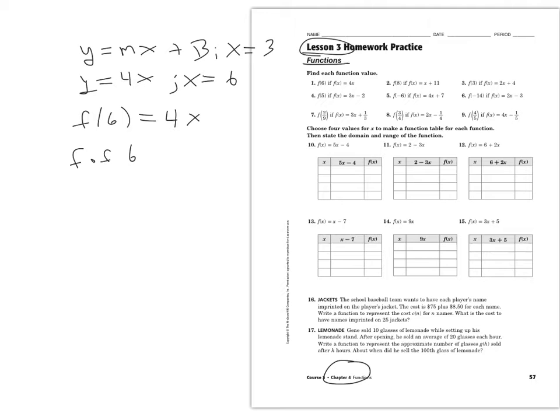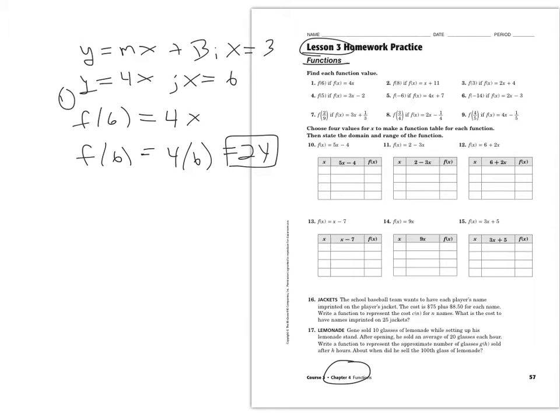So f of 6, when x is 6, is 4 times 6, which is 24. That would be the answer to problem number 1.